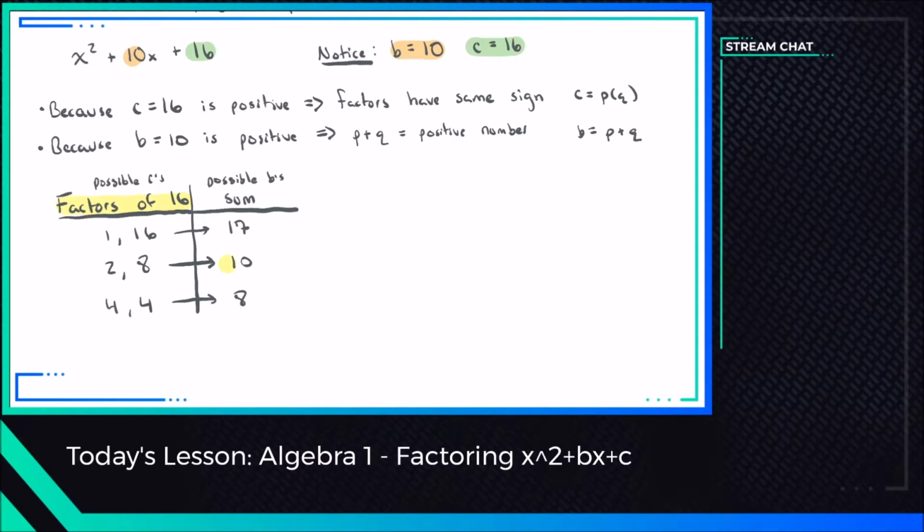The only one that has a sum of 10 is the factors 2 and 8. So now all you will write is that x squared plus 10x plus 16 is equal to x plus 2 multiplied by x plus 8.